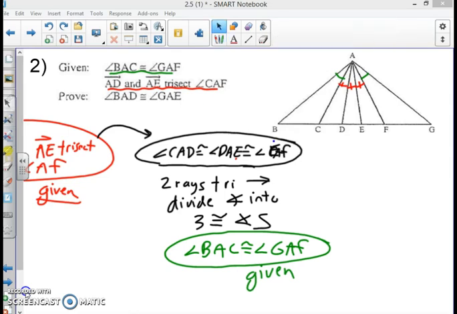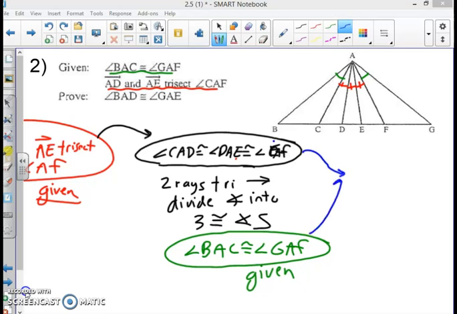And the reason we stated it now is because these two statements together allow us to make our conclusion. So our conclusion is that angle BAD is congruent to angle GAE. And we are using one of our new theorems here.